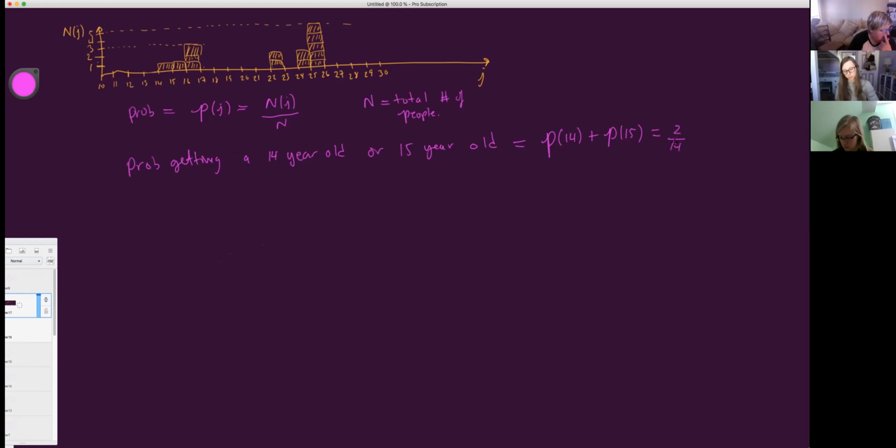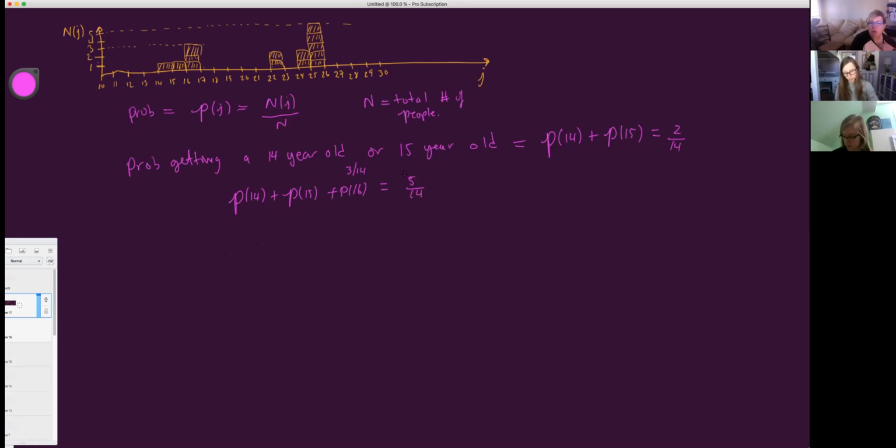Obviously, what about the probability of getting a 14, 15, or 16-year-old? It'll be the probability of a 14-year-old plus the probability of a 15-year-old plus the probability of a 16-year-old, and that's going to end up being 5/14, because this is 3/14. So you can see we're adding up the probabilities.